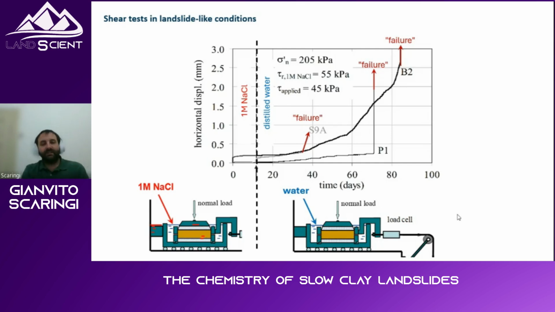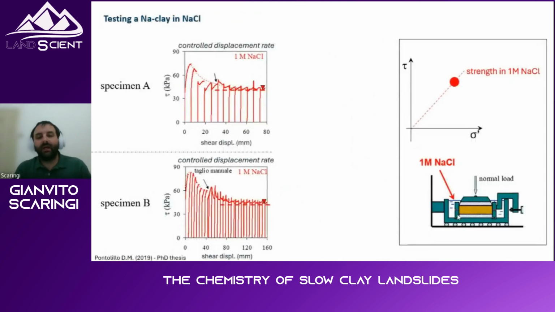You are weakening the material, reducing the safety factor of the system. You are triggering deformation, a secondary and a tertiary creep until failure. So you can activate a landslide by making the soil lose ions, with the seawater being replaced with fresh water.